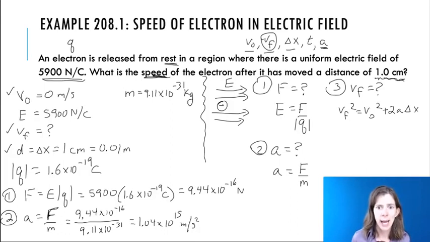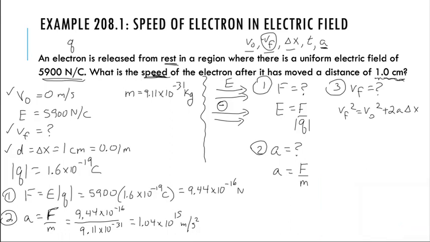So let's go ahead and do that final step. I'm going to do it in the corner here under number 3. Let's solve for v final. Because the electron starts from rest, let's cross out that term that is equal to 0. Then to solve for v final, we're going to take the square root of both sides. So v final equals the square root of 2a delta x.